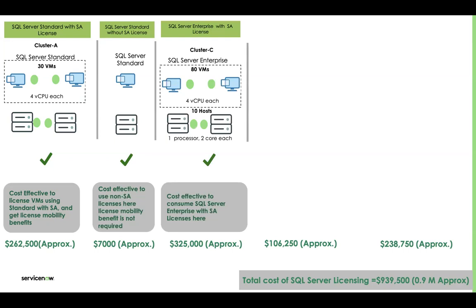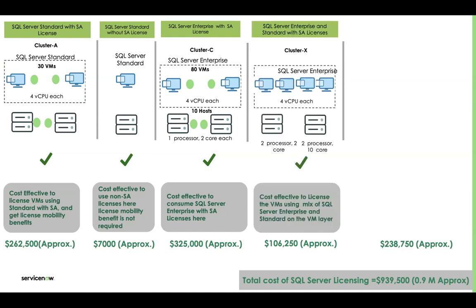On SQL Server Enterprise licenses on cluster C, it's more cost effective to consume your SQL Server Enterprise with SA licenses here, because if you license the host layer completely, you get unlimited virtualization benefit, wherein you can run an unlimited number of virtual machines on the same hosts.